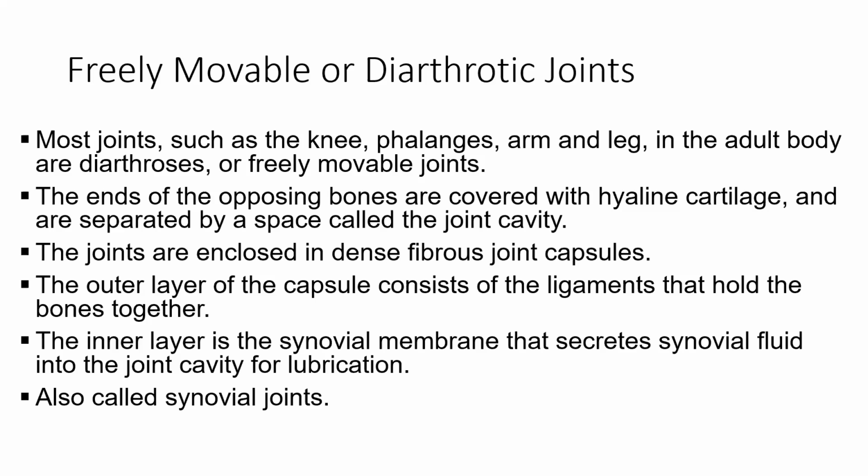The head of the femur is covered with hyaline cartilage, and where it articulates into the acetabulum of the pelvic girdle, there's going to be more hyaline cartilage inside the acetabulum, so there's no friction when the bone moves. The same thing applies at our shoulder, where the head of the humerus articulates in the glenoid cavity. So we don't want to have any kind of friction.